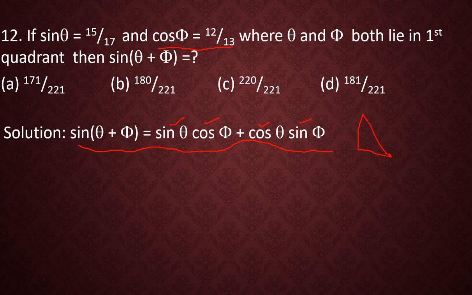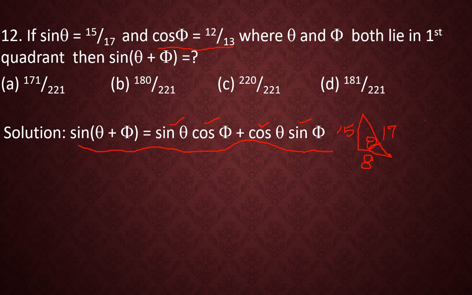If this is the angle theta and sine theta is 15 by 17, so the opposite side is 15 and the hypotenuse is 17, and therefore this side will be 8. You know that the sum of the squares of two sides is equal to the square of the third side.